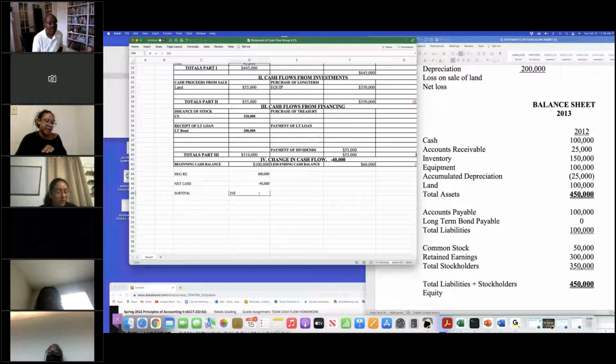And we don't know our dividends yet, which is the question. So then we go to our ending retained earnings. So what's our ending retained earnings? 200,000.